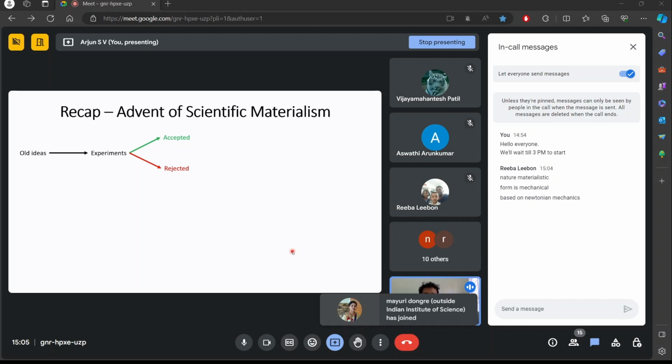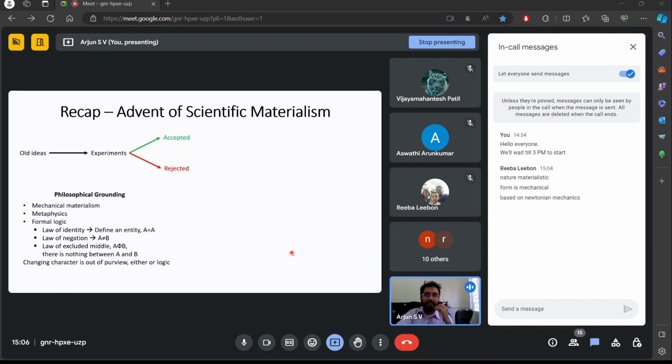Based on whether it worked using their materialistic approaches in experiments, their ideas were either accepted or rejected. And slowly, mechanical materialism became a forefront, and the philosophical grounding for modern scientific materialism. Science in general was based on three pillars.